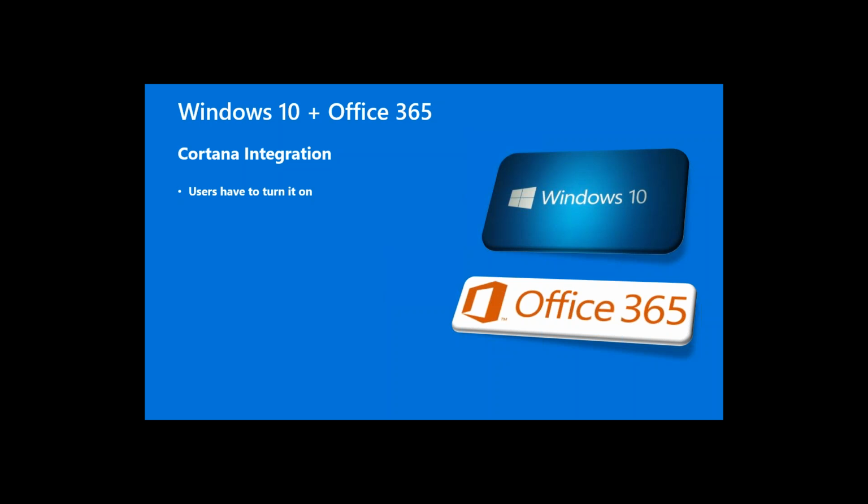Cortana integrates now on Windows 10 with Office 365. Some important things, I know I'll talk about it in a minute, but there were some questions in previous webinars about privacy and security. So I thought I would point out a few things as we extend services like Cortana, which is a search-based tool and a machine learning-based tool, onto Windows 10 and with Office 365.